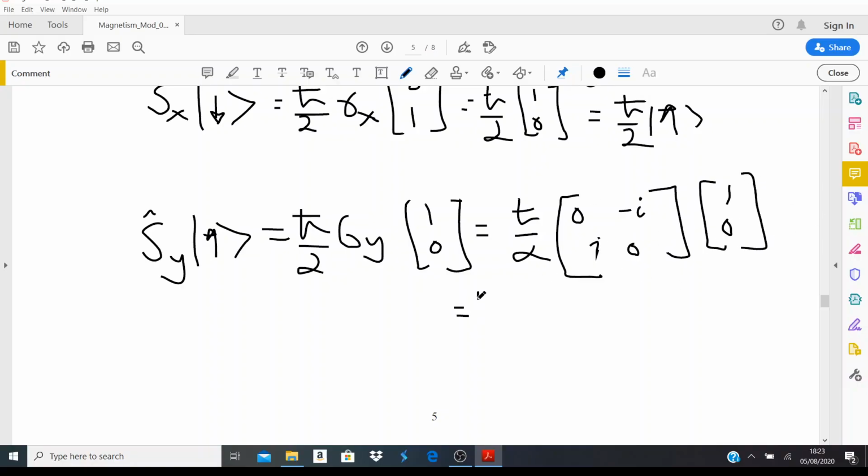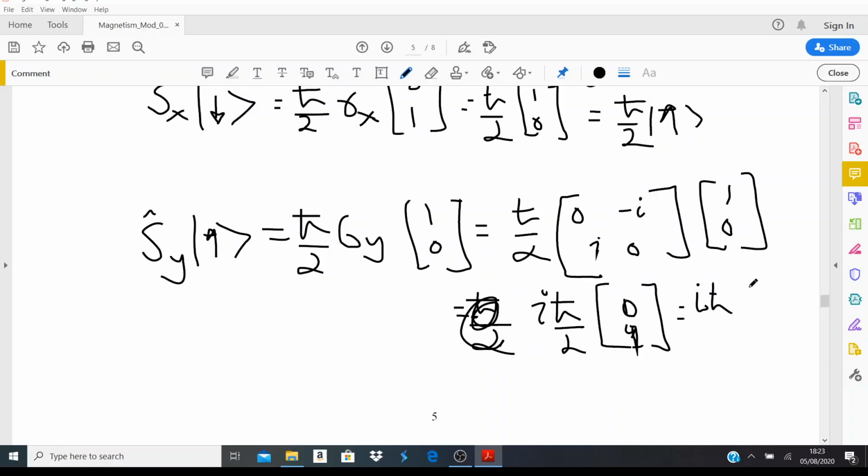Perform this calculation, and the matrix multiplication will give you i times ħ/2 times 0, 1. What is 0, 1? That's your spin down state, right? So Sy is also flipping the spin, but now with the value iħ/2.